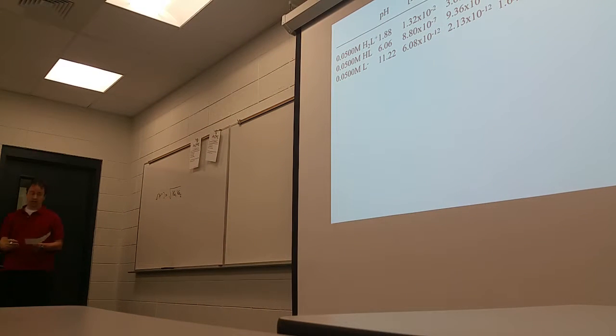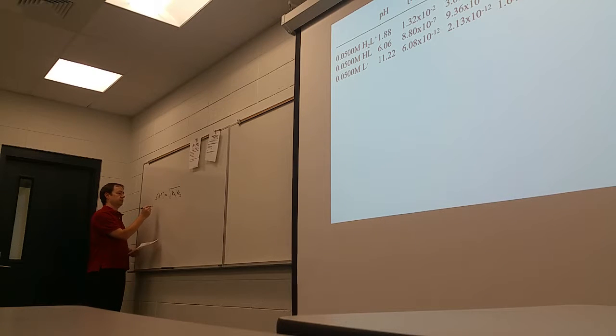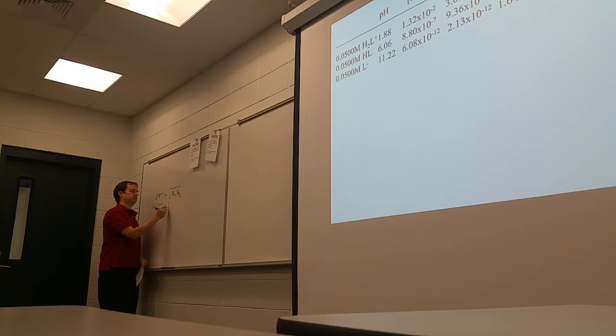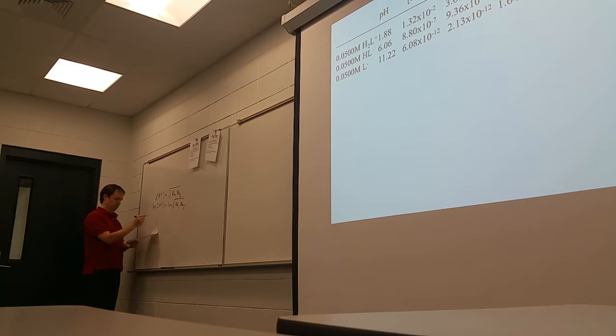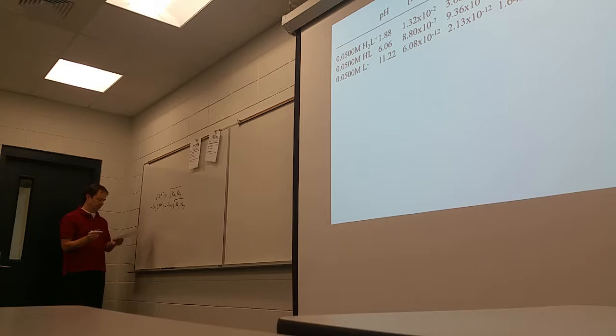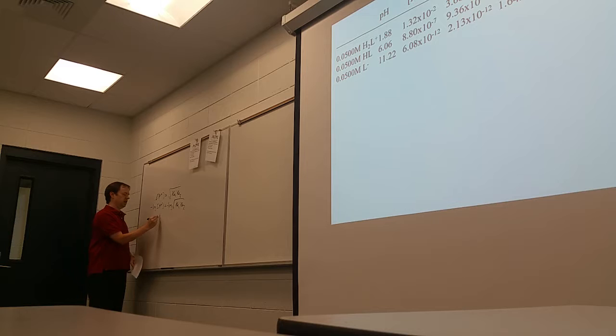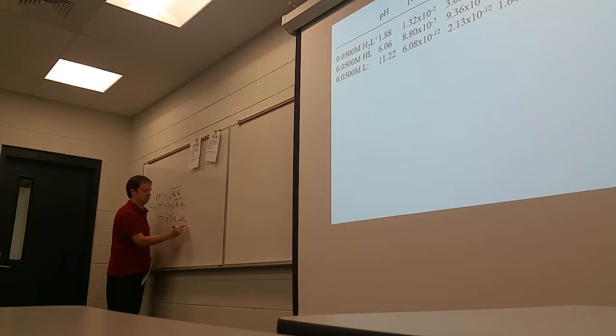Or if you like this in logarithm form, and you take the negative log of both sides, just to clean it all up, this becomes pH equals 1/2 of pKa1 plus pKa2.